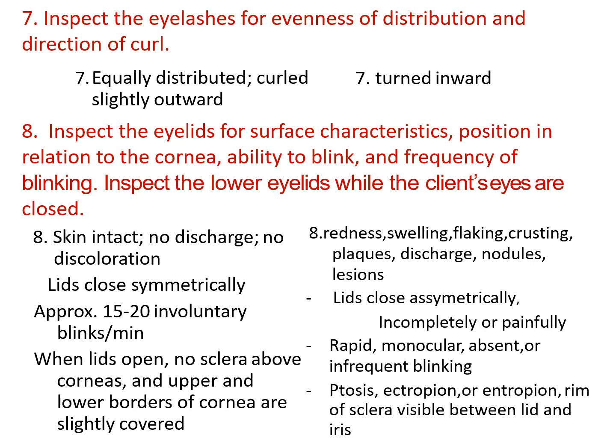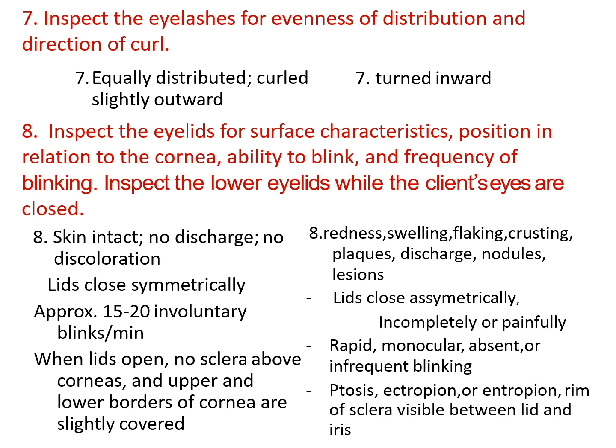Approximately, the blinking of your patient is about 15 to 20 involuntary blinks per minute. When the lids are open, no sclera above the cornea, and upper and lower borders of the cornea are slightly covered. Abnormal findings could be redness, swelling, flaking, crusting, presence of plaques, discharges, nodules, and lesions.